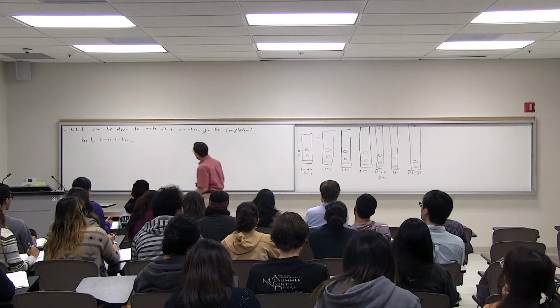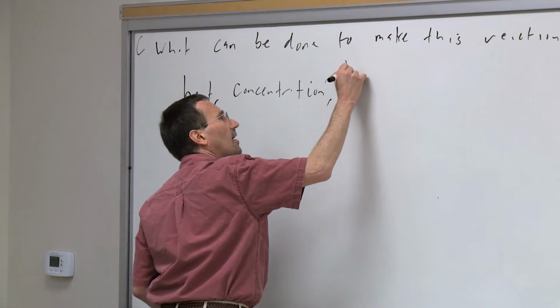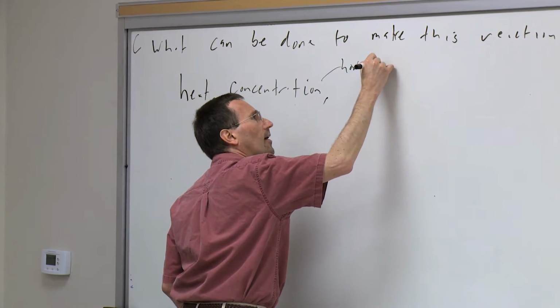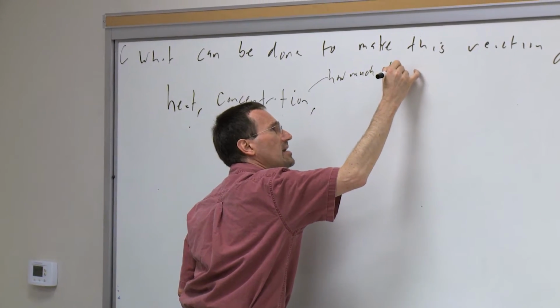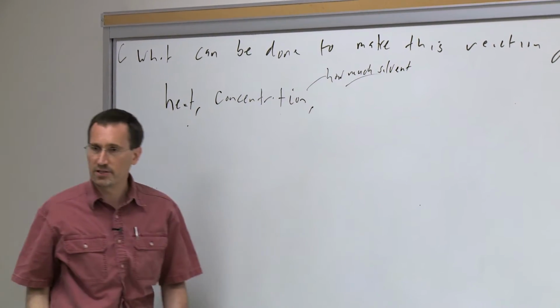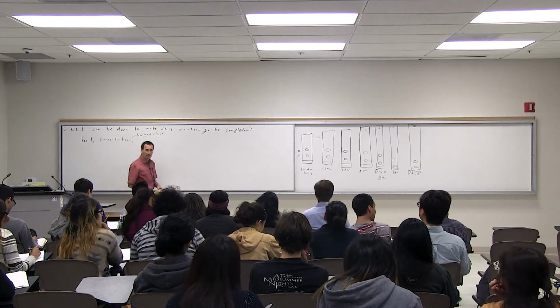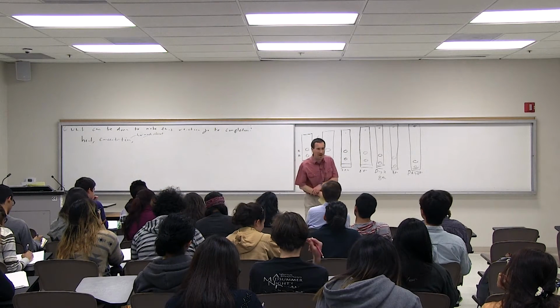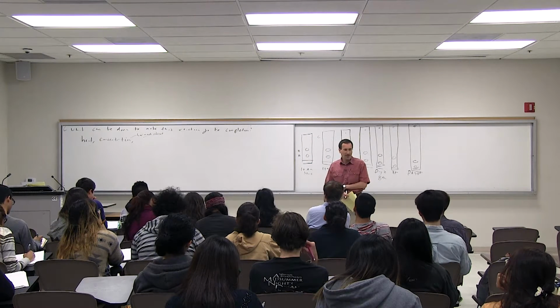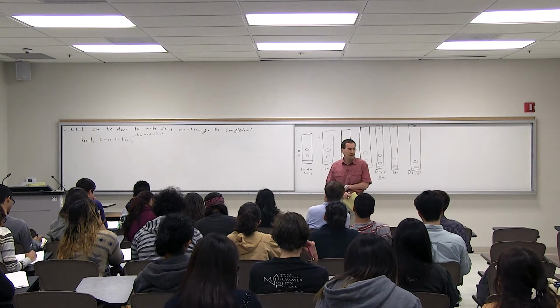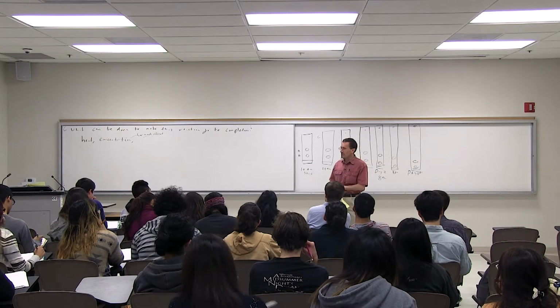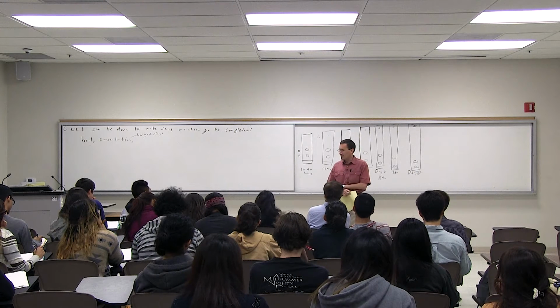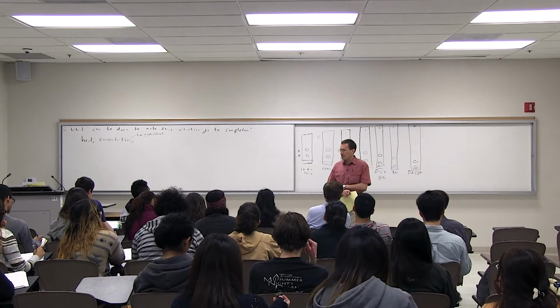So that's kind of a corollary with concentration. Other factors that we can do, changes we can make to still get the same product. What other parameters did we have in that reaction? What conditions did we use?